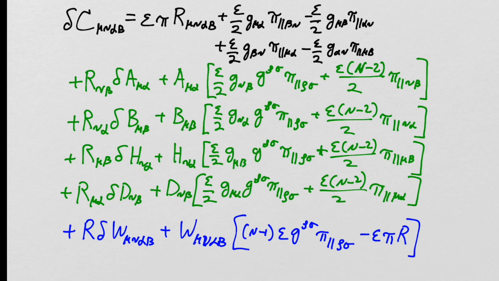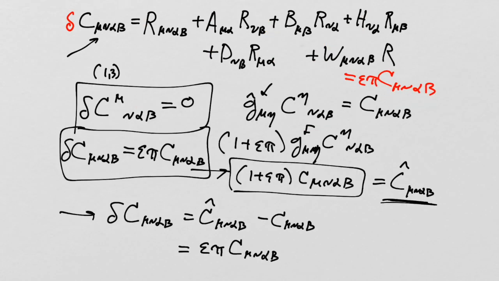So this is the complete thing. And this variation has to ultimately equal, I guess I'll put that down in black again. This ultimately has to equal epsilon pi c mu nu alpha beta, right? We know that that's the case because that's the version of this variation equaling 0 for the fully contracted, for the 0,4 tensor case, right? We did that little calculation.